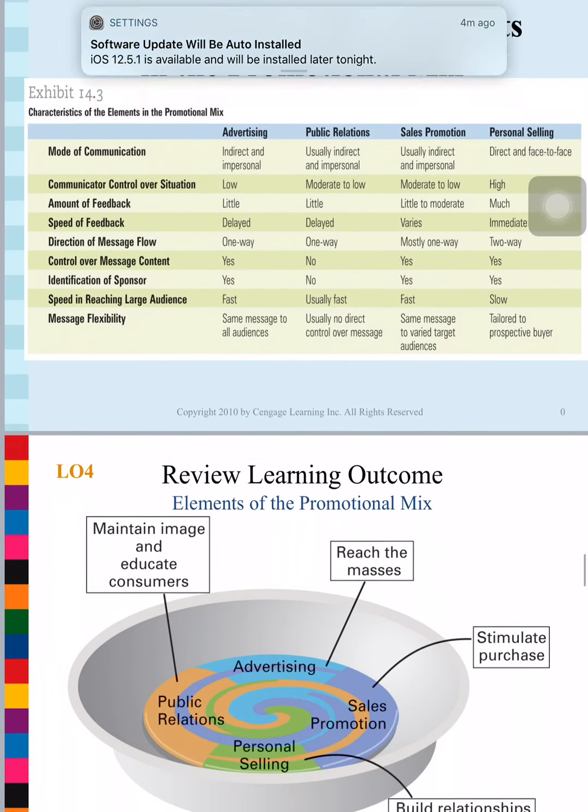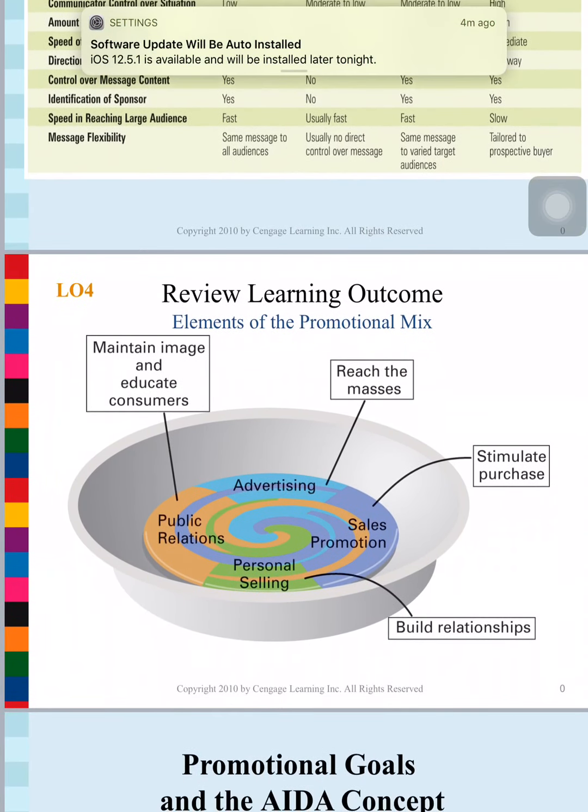Here is the review of this subtopic, the elements of the promotional mix. Public relations is to maintain image and to educate the consumers. Advertising is to reach the mass. Sales promotion is to stimulate the purchase, and personal selling is to build the relationship.